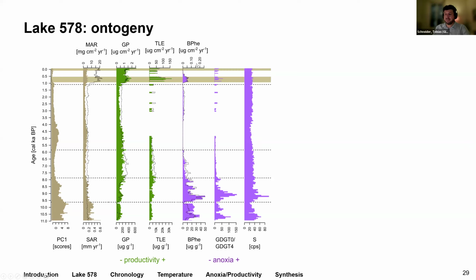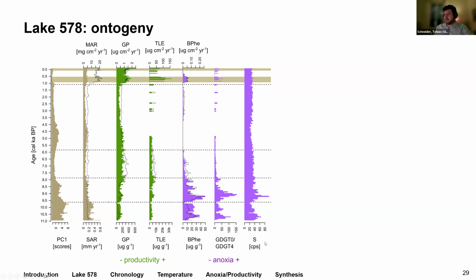Here first with the spectral derived pigments. And interestingly, we also found a proxy very useful from the GDGTs, two specific compounds, GDGT-0 to crenarchaeol, which also represent anoxia. And these two curves, they are completely independent and they really nicely match the story.